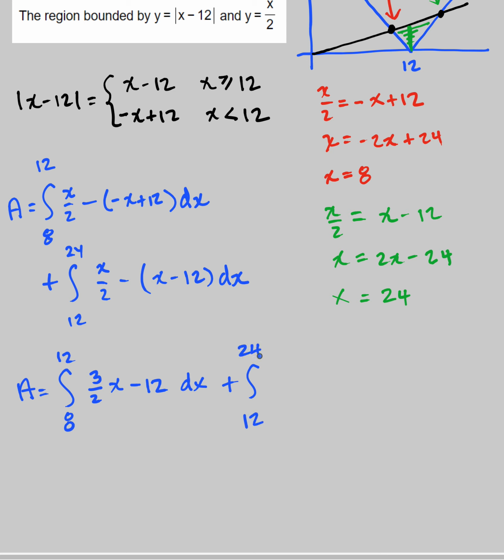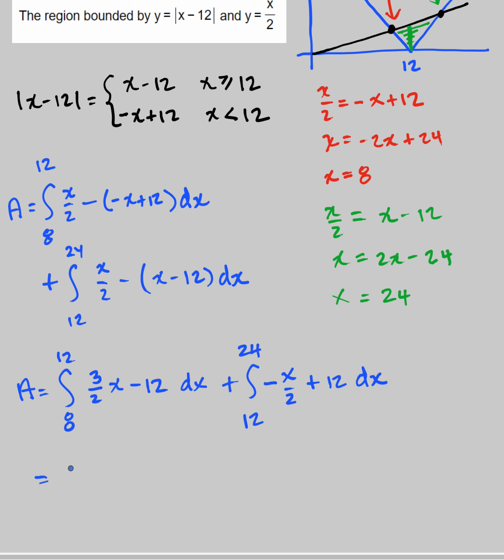And same idea here. If we distribute that minus, we're going to have x over 2 minus x, and so that's going to give us negative 1/2 x, and then we're going to add 12.